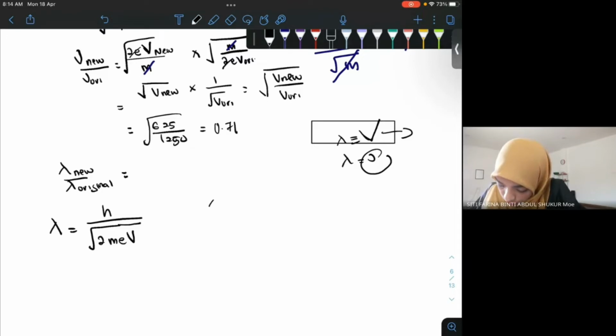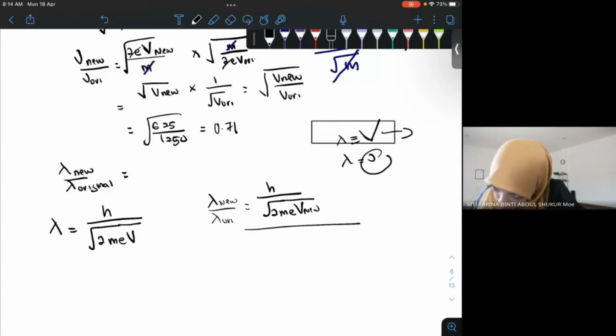Okay, so lambda new over lambda original akan sama dengan H over square root of 2 mass EV new, divide by H over square root of 2 MeV original.